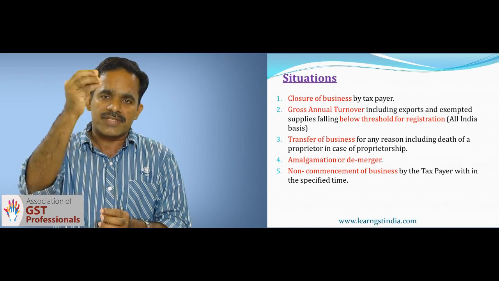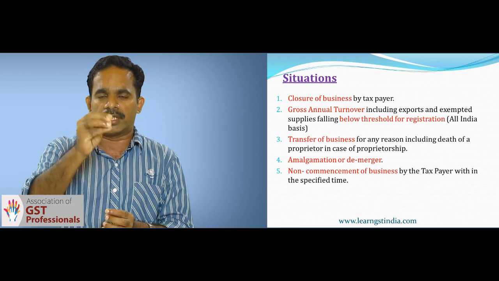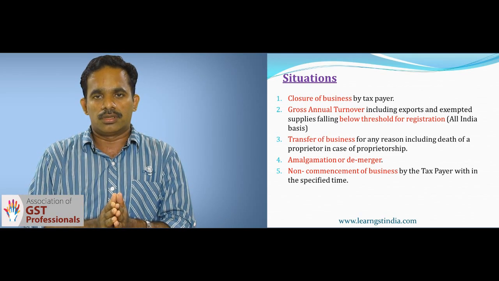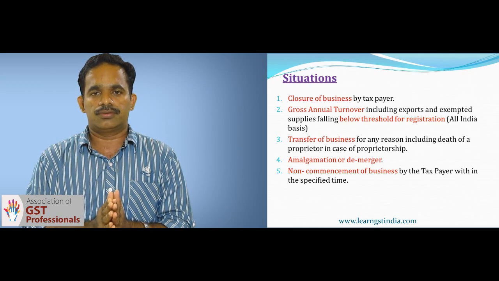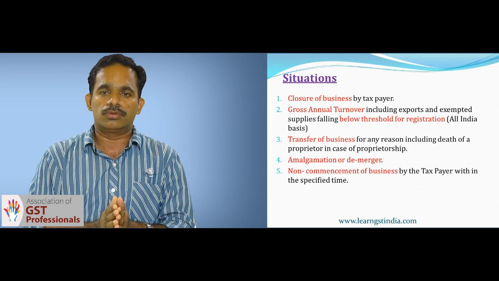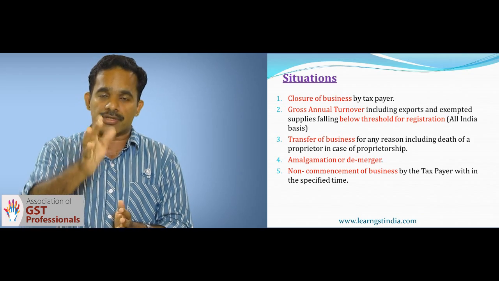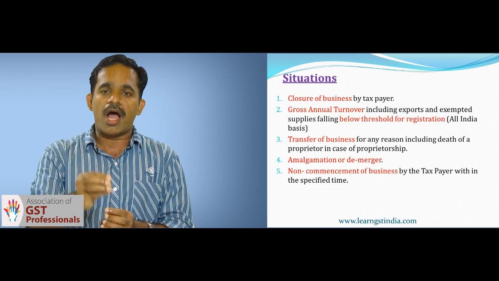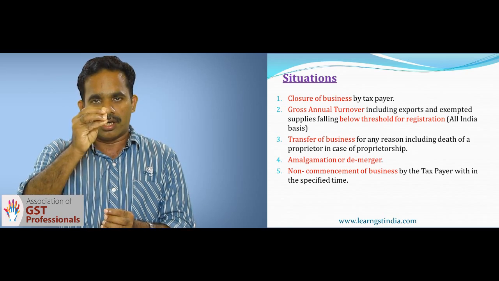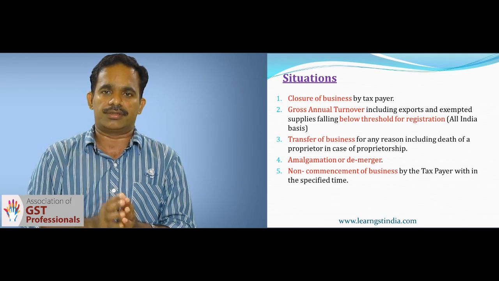In the case of transfer of business, like in the case of proprietorship, in the case of death of a proprietor, the registration can be cancelled. In the case of amalgamation or demerger, also the registration can be cancelled. Another situation is, even after the registration, the business is not started.